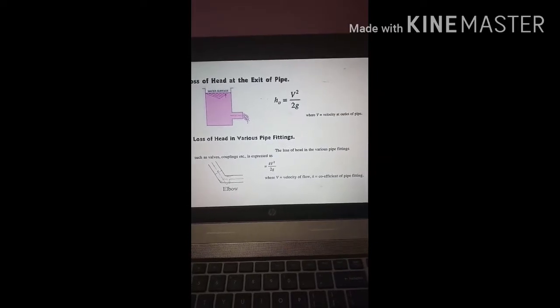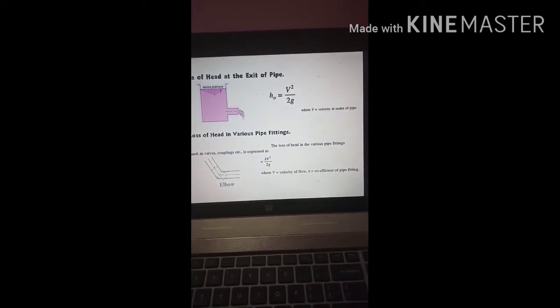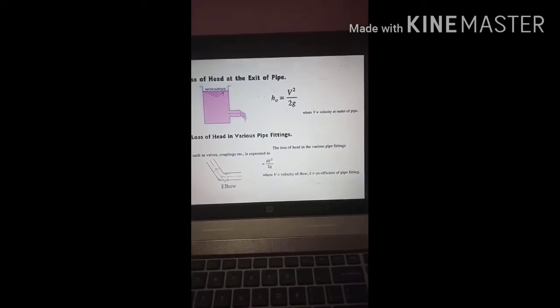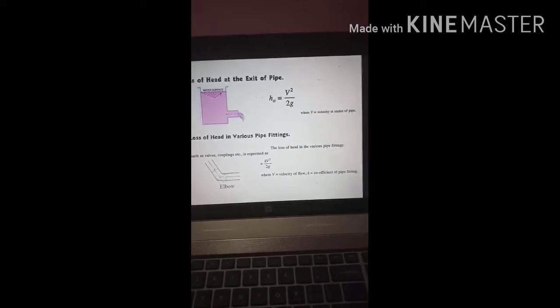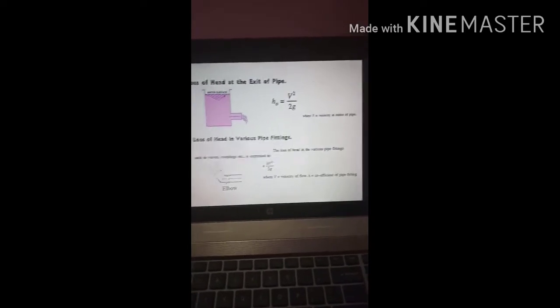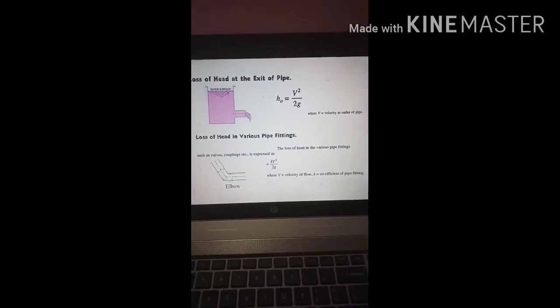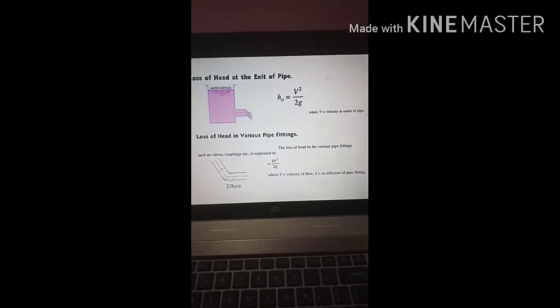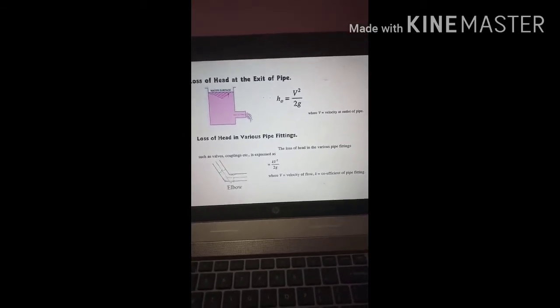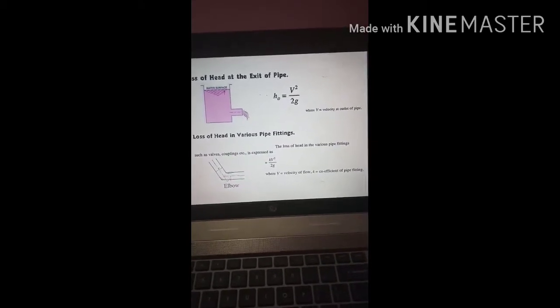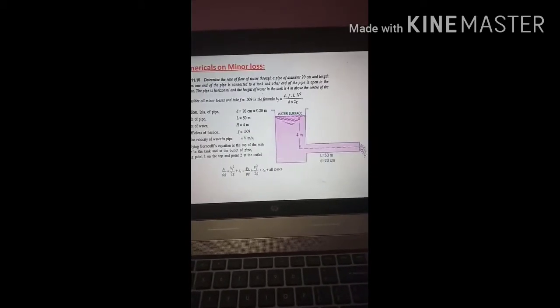In many cases it is taken as 0.25 to 0.3 depending upon the angle of the elbow or the type of pipe fitting. Generally in case of a bend it is taken as 0.25 V square upon 2G. So the value of K is also given for this.